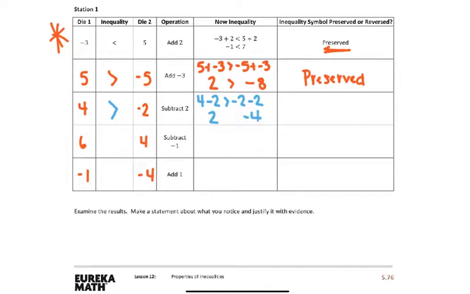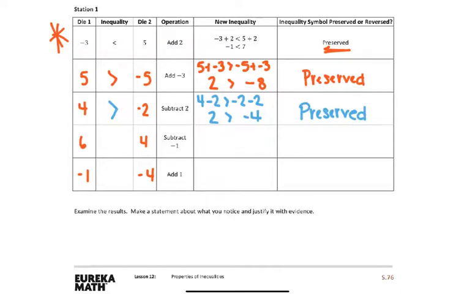And if I look at these two numbers and ask myself, is 2 greater than -4? It is. So I'm going to keep my inequality symbol exactly the same with that greater than sign. So my inequality symbol was preserved when I subtracted 2 from both sides of that inequality.